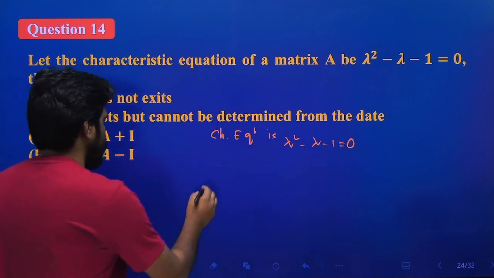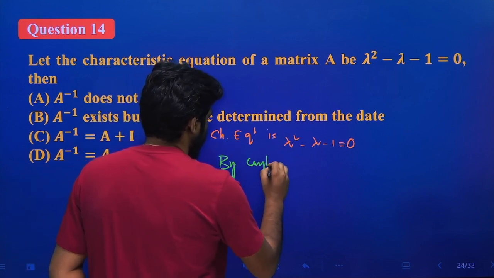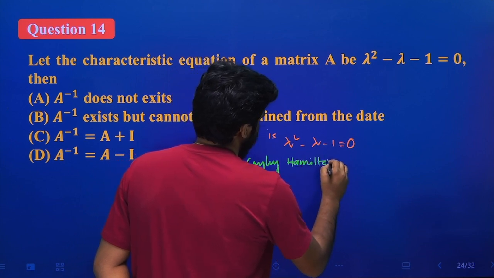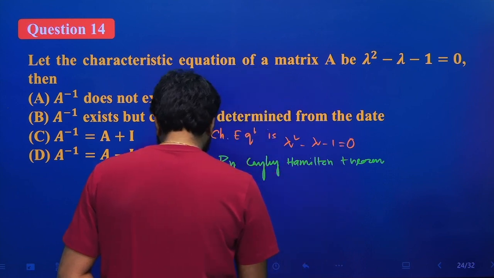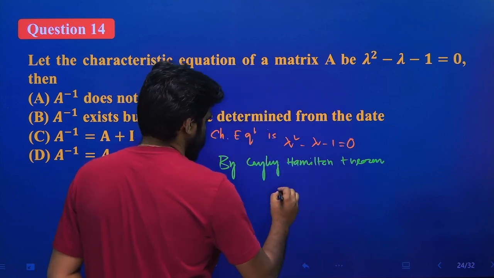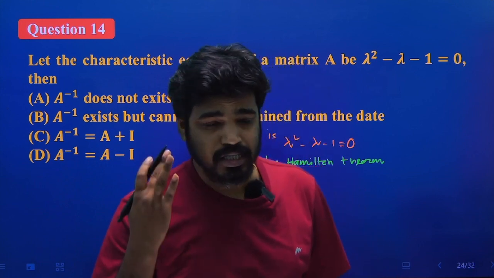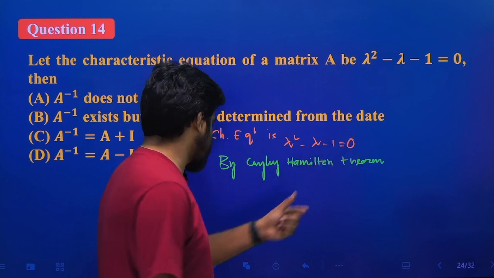Just apply the Cayley-Hamilton theorem. So by the Cayley-Hamilton theorem, what do we get? Every square matrix satisfies its own characteristic equation. That means the matrix A satisfies this equation.